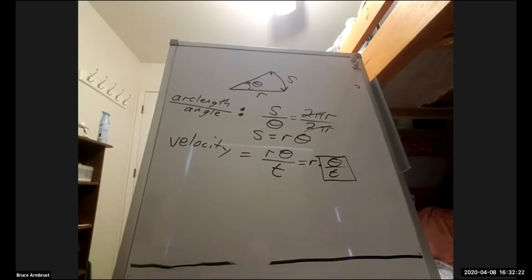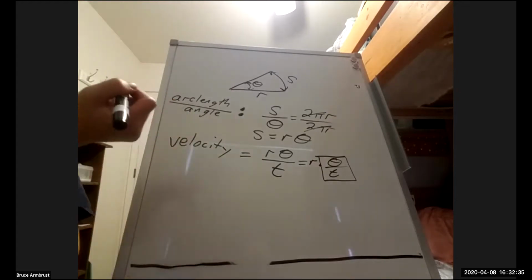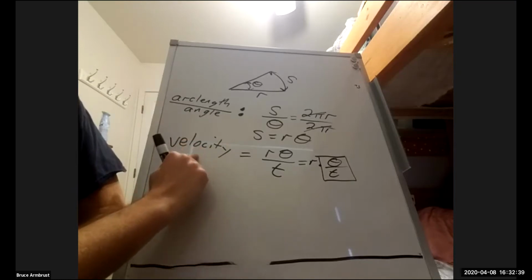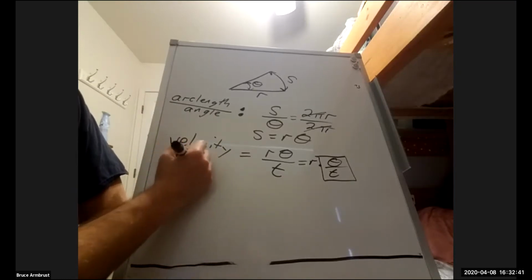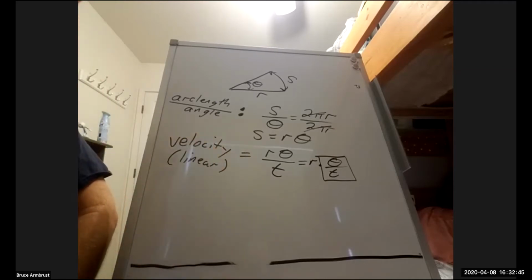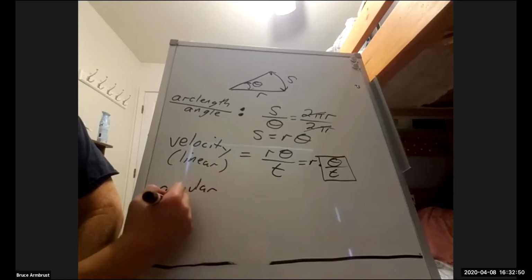Well, that's really similar to velocity, because velocity is a distance per time. This is now an angle per time. And so we actually call that a velocity, but we call that angular velocity. So what I have written here, velocity, I'm going to put in parentheses down below. This is really linear, because we can also have angular.